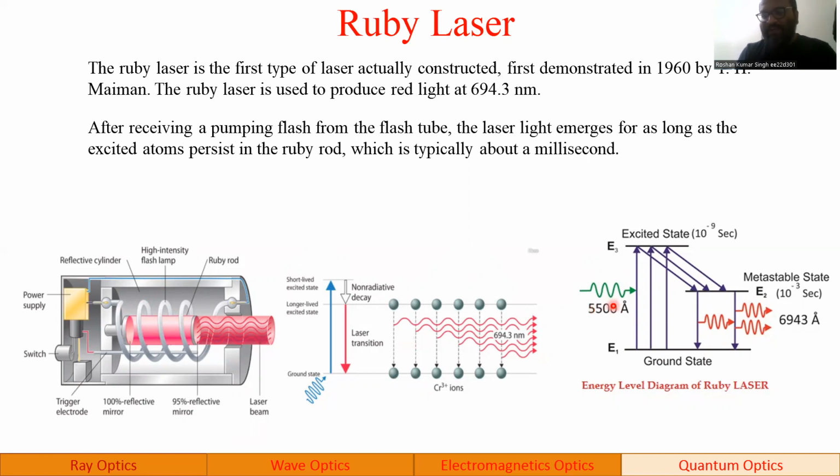First, green light of 5,500 angstrom wavelength excites the electron, which then comes to a meta-stable state, and then it emits red light, which is 694 nanometer wavelength. We see how the amplification occurs: when one photon is amplified, another follows, amplifying through the chromium ion atoms.